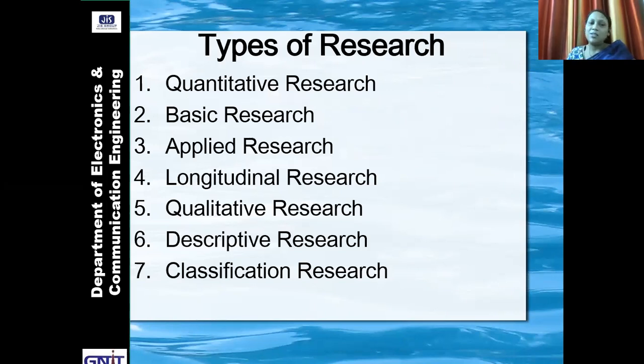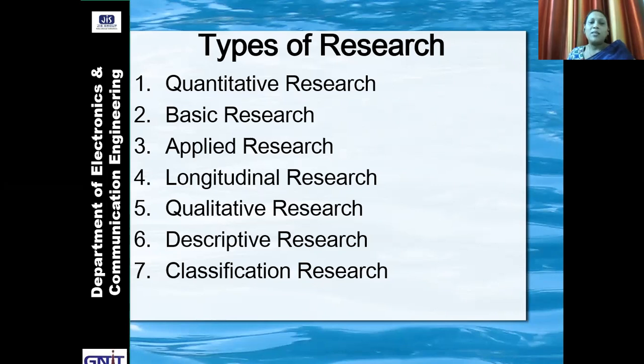This is very interesting. Until and unless we study this research methodology topic, we have no idea how many types of research there are in the world. First is quantitative research. Second, basic research. Third, applied research. Fourth, longitudinal research.